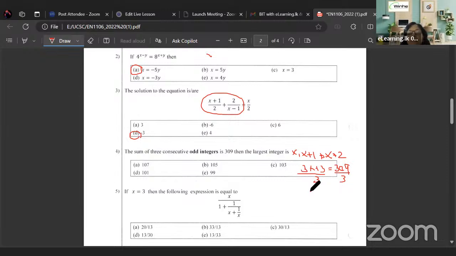Then you will get x plus 1 equal 103. Right? Then x is equal 102. Right?